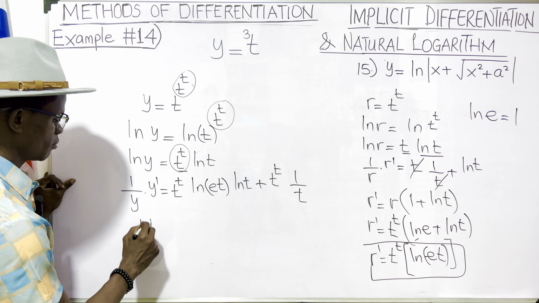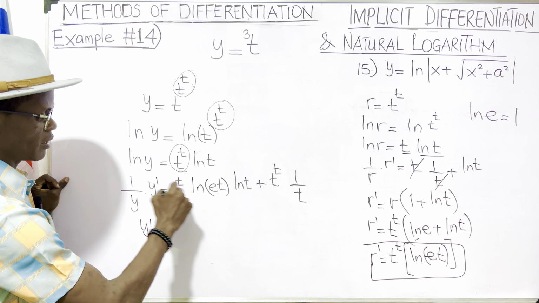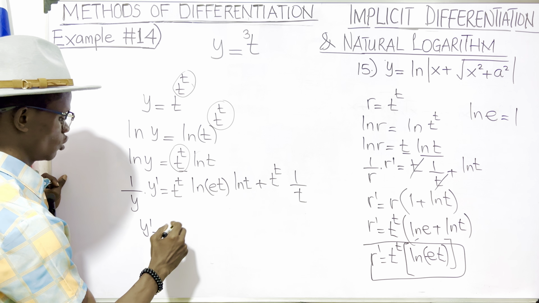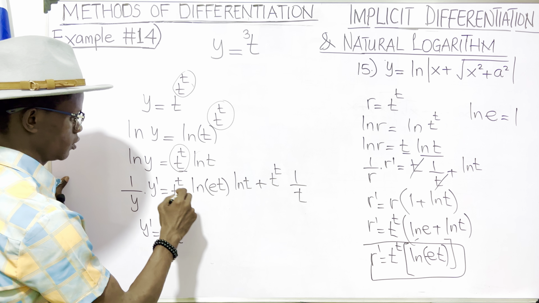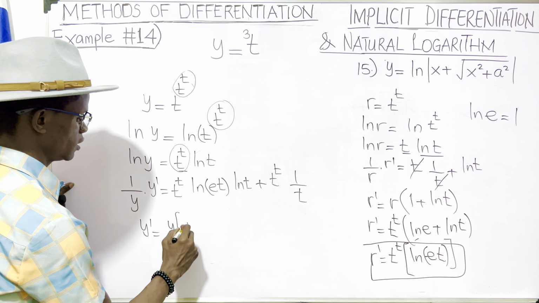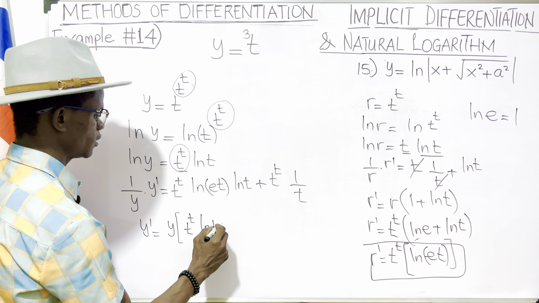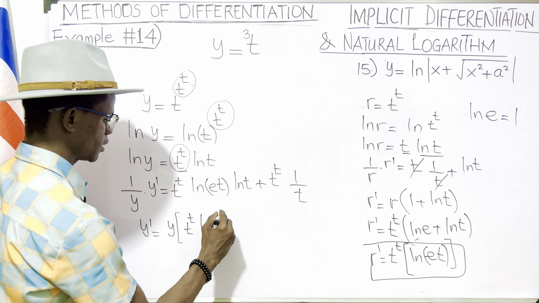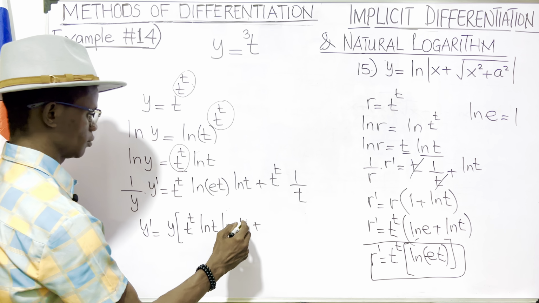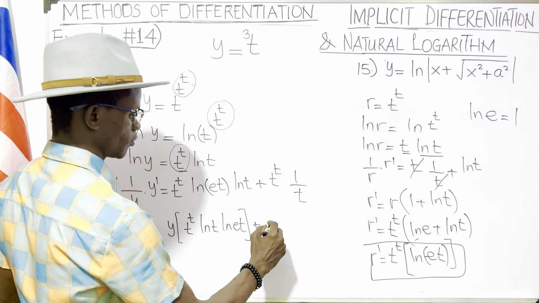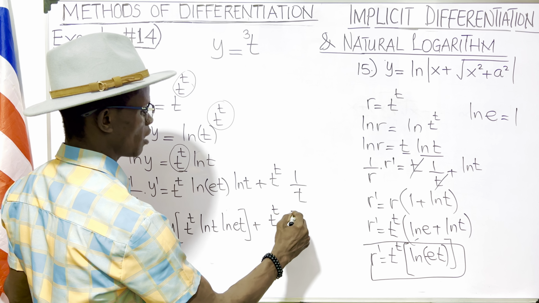So now y prime will just be equal to y multiplied by this expression. So we will have y times t raised to the power t, ln of t, times ln of et, plus t raised to the power t times t raised to the power minus 1.